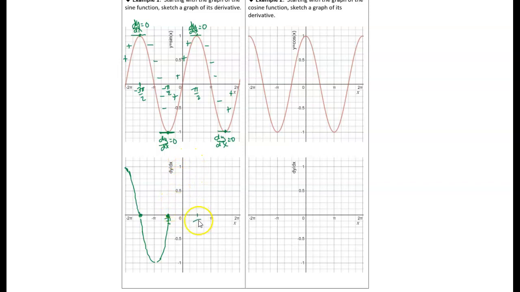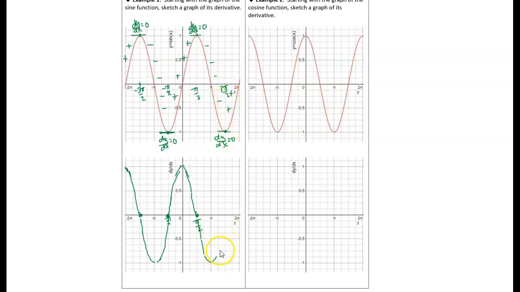So here's pi over 2, and we're above the x-axis. I'm just sketching this in. You might be noticing a pattern here. Now on the other side of pi over 2, the slope is negative, so it's below the x-axis. So we're going to come down, and then it looks like this is going to be 3 pi over 2.